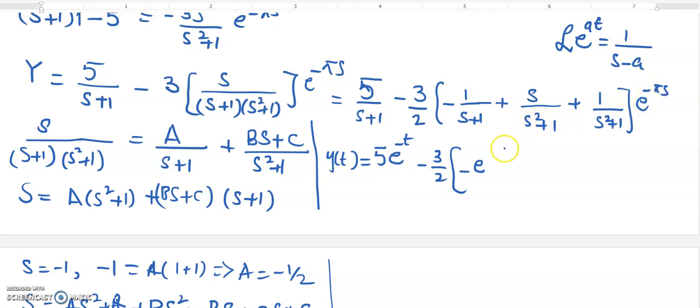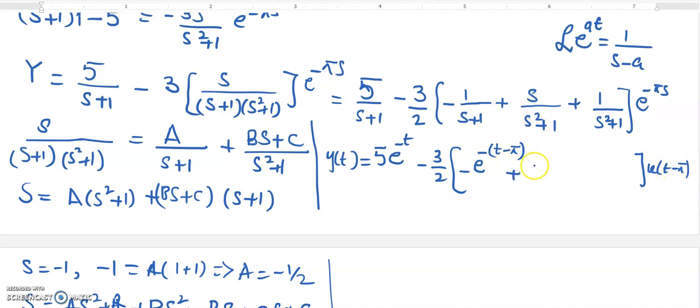If it is e power minus t, then t should be t minus a, or t minus pi, so it should be e power minus (t minus pi). This has to be multiplied by the unit step function u(t minus pi), which I will write outside of this bracket. So u(t minus pi) will be with every term.